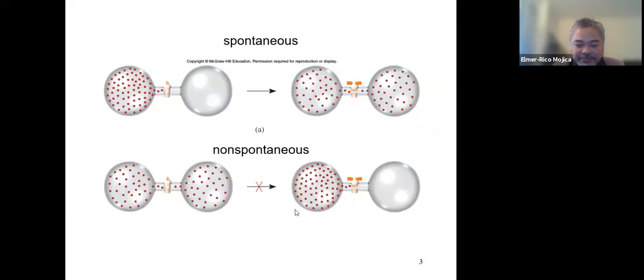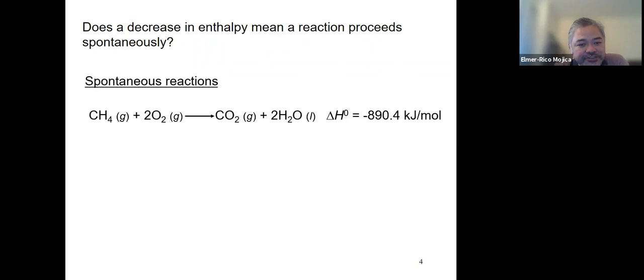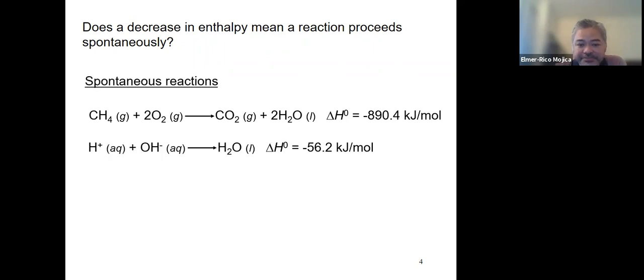Now, what they try to do is to predict. Can we predict if a given reaction is spontaneous or not? So the first thing that they did is to use what you have learned in Gen Chem 1. Does a decrease in enthalpy mean a reaction proceeds spontaneously? So these are some examples of spontaneous reactions and their enthalpy.